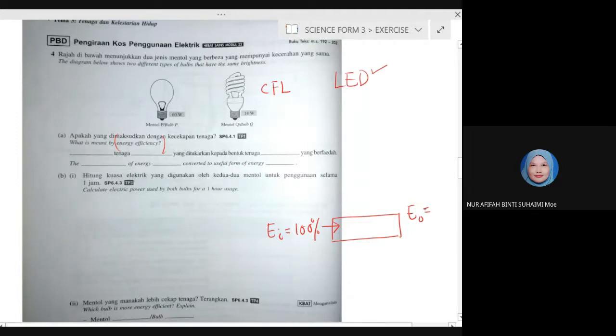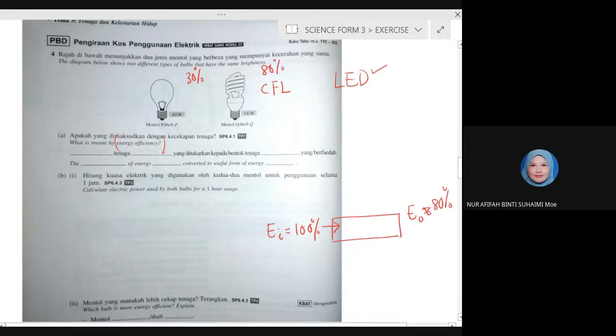For now we don't have an electrical appliance that can give 100% output energy. Maybe you can get 80%, and 80% is already good. So an appliance that gives a large percentage of output energy has high energy efficiency. Here, the first bulb maybe produces 30% output energy, and the CFL can produce 80%.